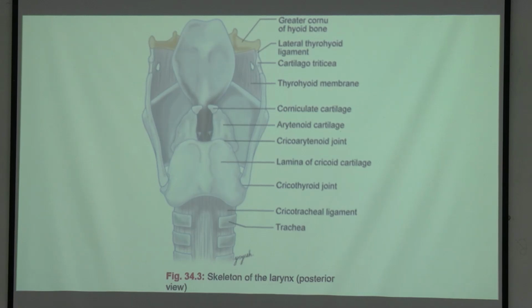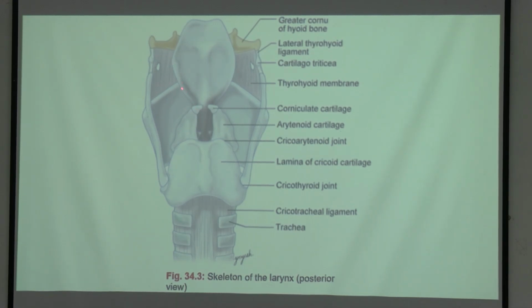And what are the paired cartilages? We can find, just over the cricoid in the posterior, the posterior lamina of the cricoid, over which we can get the arytenoid cartilage, over which we can get the corniculate and cuneiform cartilages.